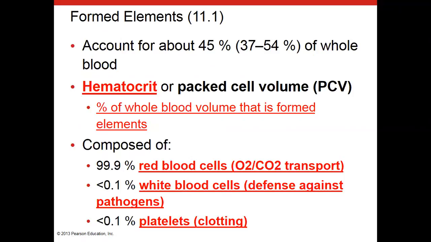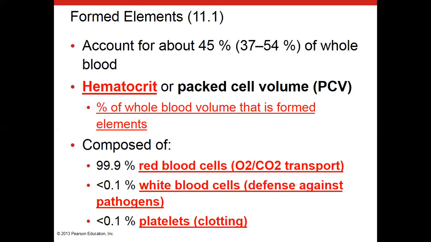Hematocrit is a measurement of the percentage that these formed elements take up in whole blood. So it's the percentage of whole blood volume that is formed elements. The formed elements are 99.9% red blood cells, and less than 0.1%, excuse me, are white blood cells and platelets.